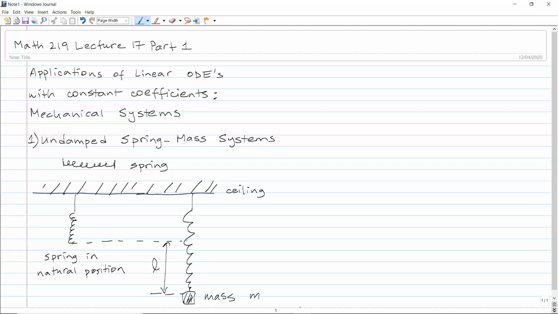We consider this position when we attach the mass. In the second drawing, the mass M is at rest. So the system is in equilibrium.